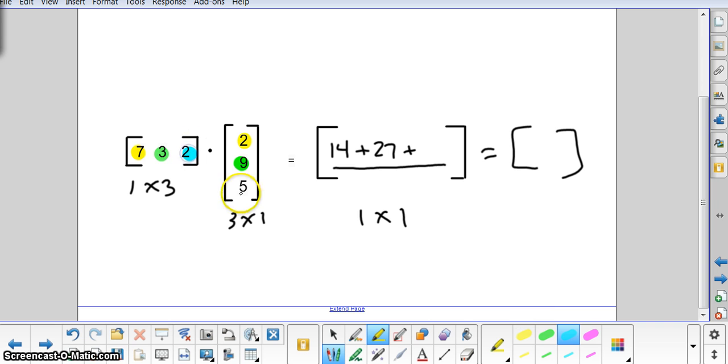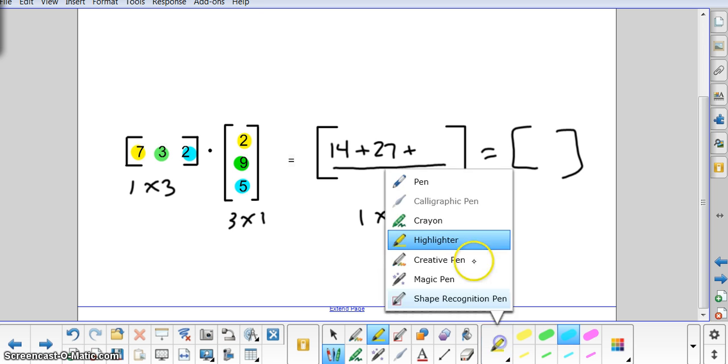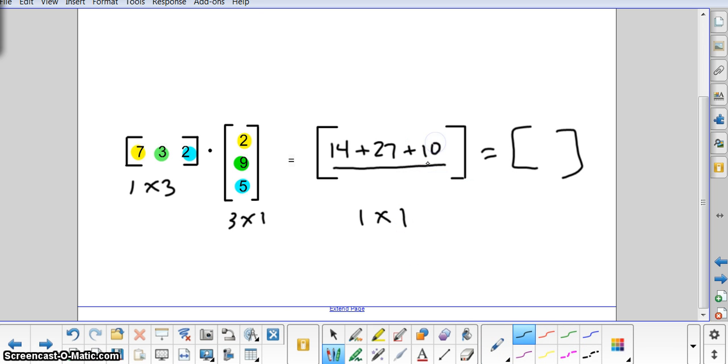We have 2 times 5, which is 10. Put that number right there. So 14, 27, and 10: 37, 47, 51. So my answer is a 1 by 1 matrix with 51 in there.